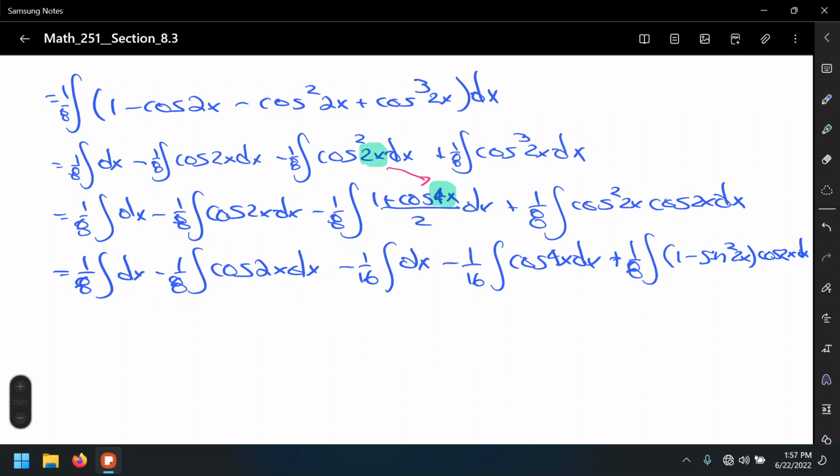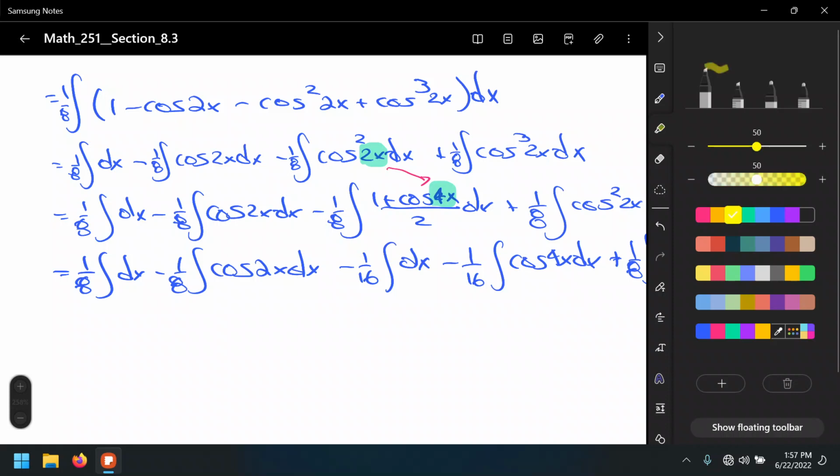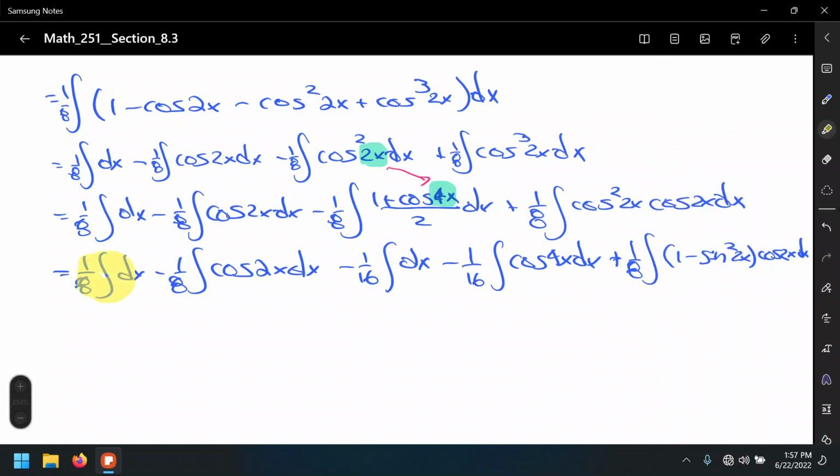In particular, I would like to combine this one with that one. And we cannot combine these two because notice the angles are not the same. If they were both 4x's or both 2x's, then we could put them together. But these are going to be two separate integrals. So that's the number one thing I'm going to do.